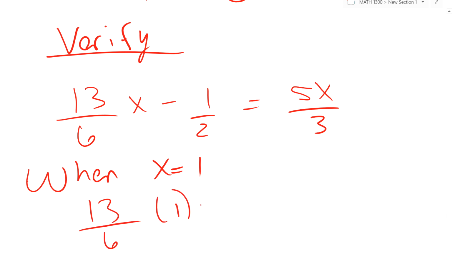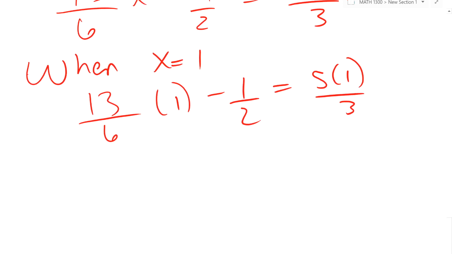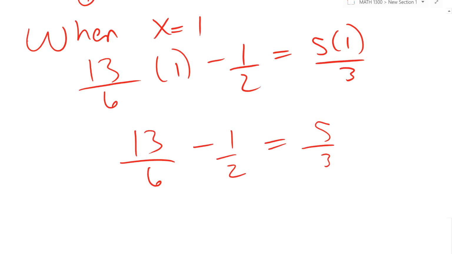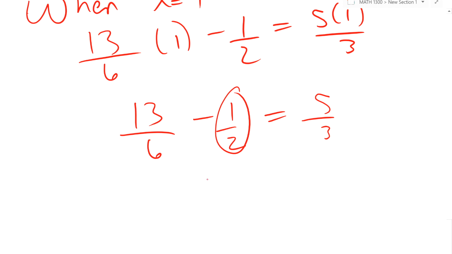So 13 over 6 times 1 minus 1/2. 5 times 1 over 3. And that's just 13 over 6 minus 1/2, equals 5 over 3. We need to convert this one and get the same common denominator as 6. So we're going to go ahead and multiply 3 on the top and the bottom.